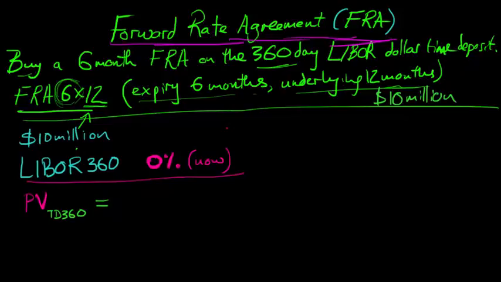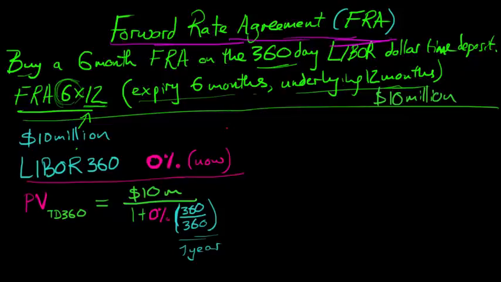Present value is equal to the $10 million divided by, so the current 360-day time deposit is discounted, $10 million discounted by 1 plus the rate 0%, and then to annualize that we've got to multiply the 0% by the 360 days outstanding out of 360 days in a year. Of course, the number of years here is effectively 1 year, so the result will be 1. But if it was 180 days, the result would be half a year, or 0.5.